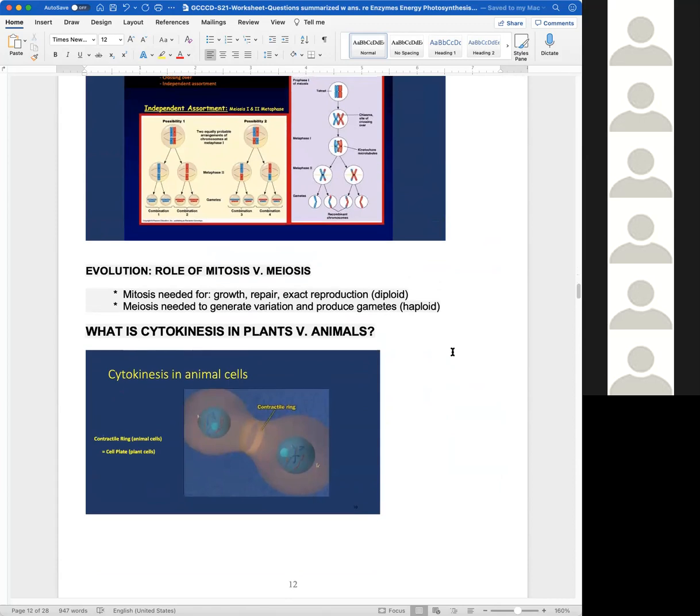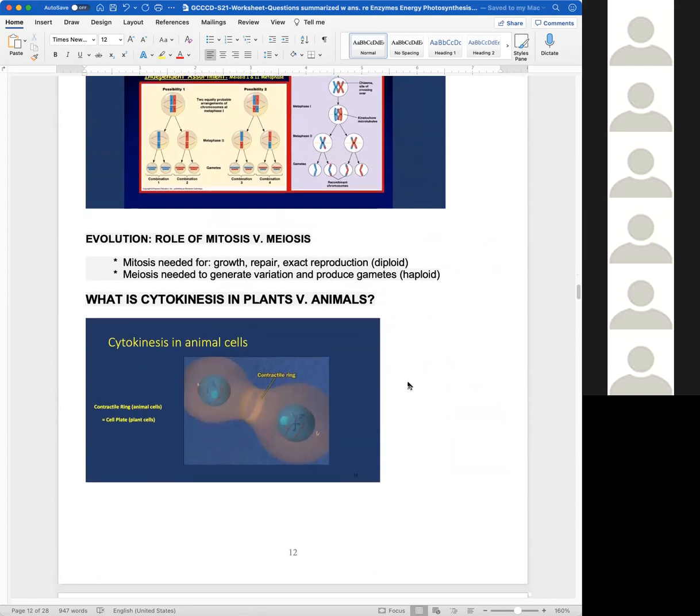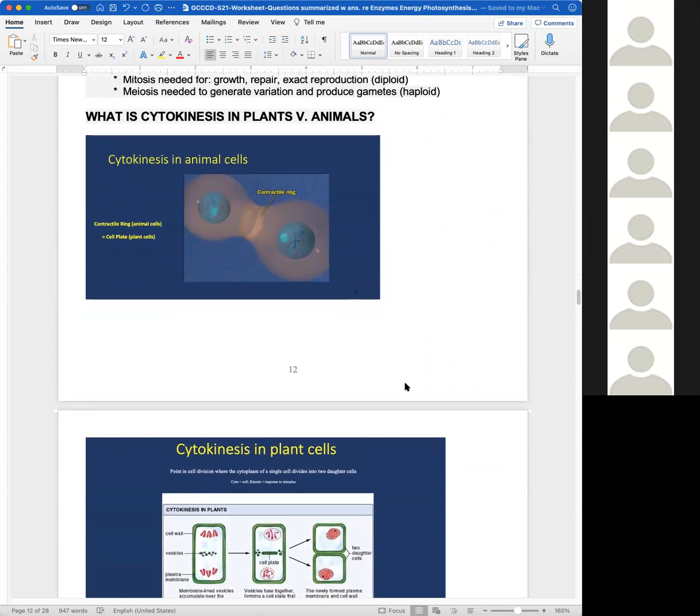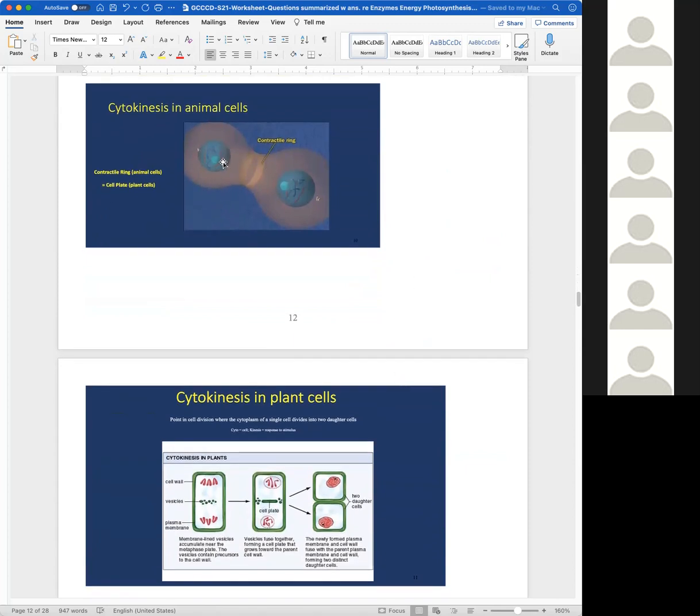A couple of questions about the difference in cytokinesis between plants and animals. And I don't know a better way to illustrate that than with these pictures. In animal cells, which have no cell wall, a so-called contractile ring occurs in the middle of the dividing cell. And as it contracts, it squeezes the two cells apart so that there are two instead of one.